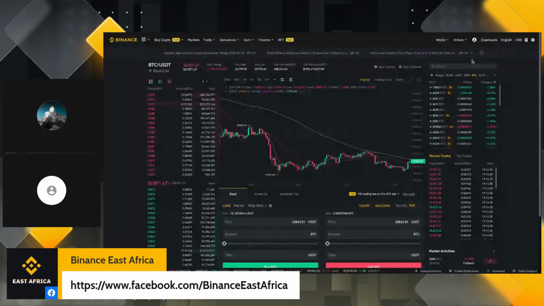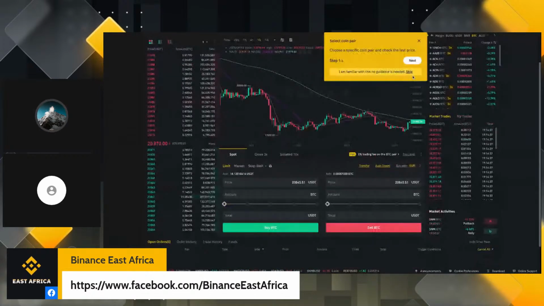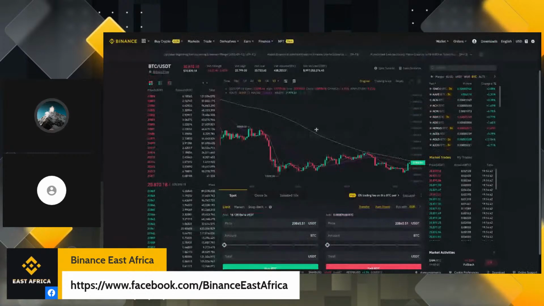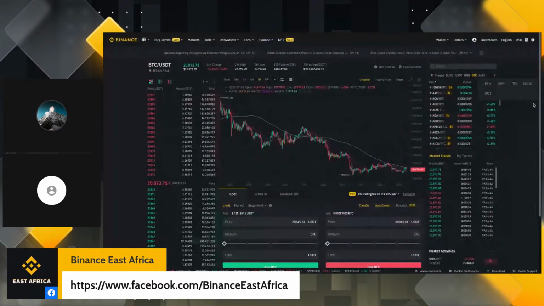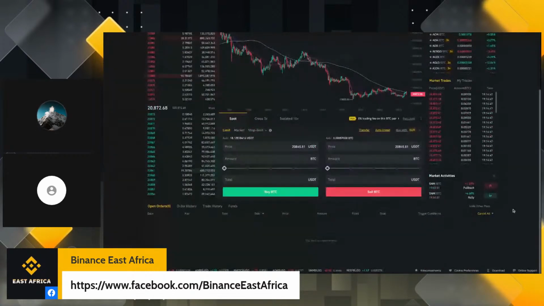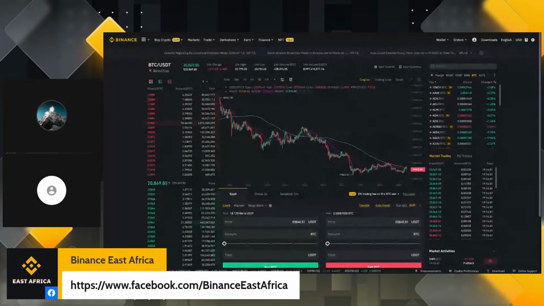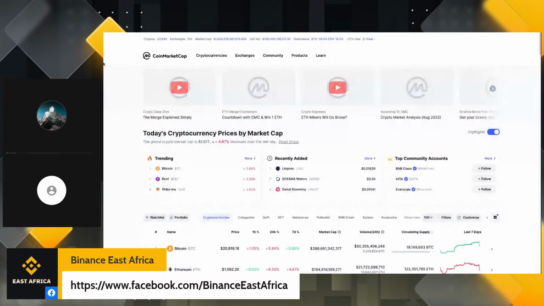One of the sites I like to use a lot is CoinMarketCap. CoinMarketCap is one of the information sites that you'll use a lot. So its interface looks like this. Now let's go to a coin like Bitcoin.